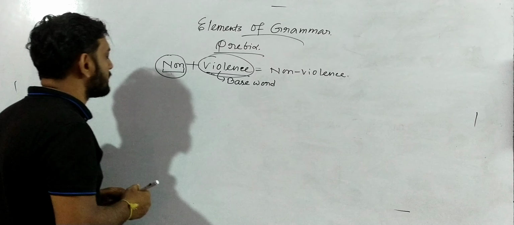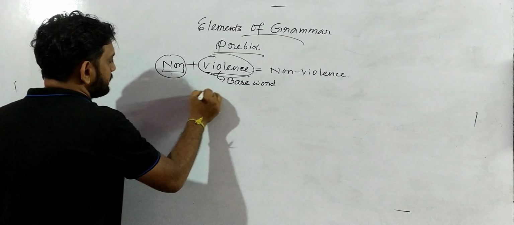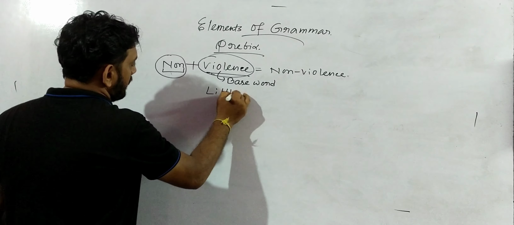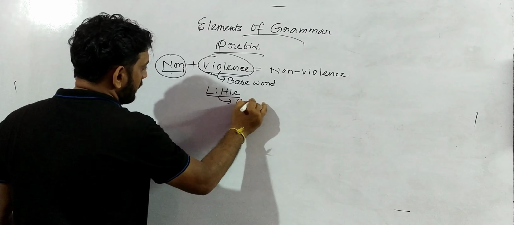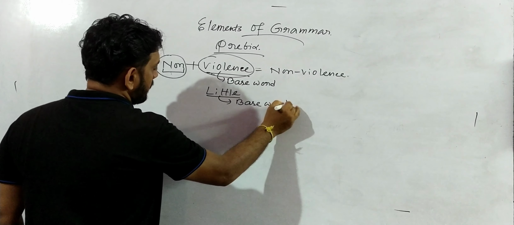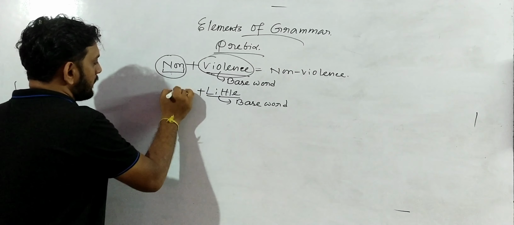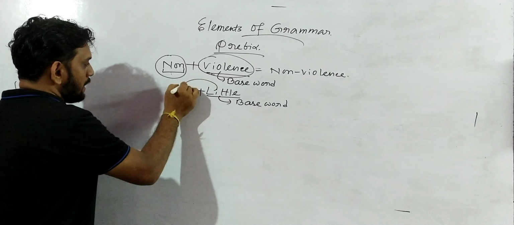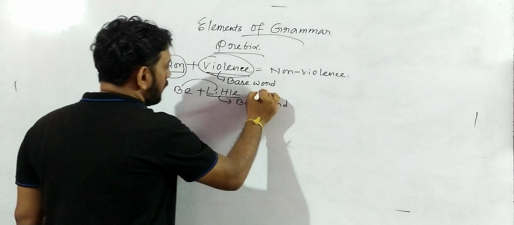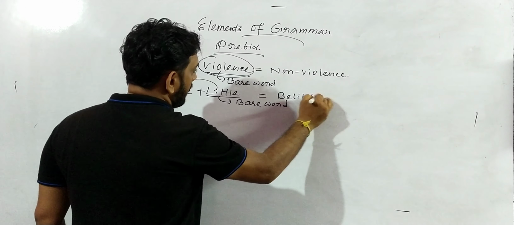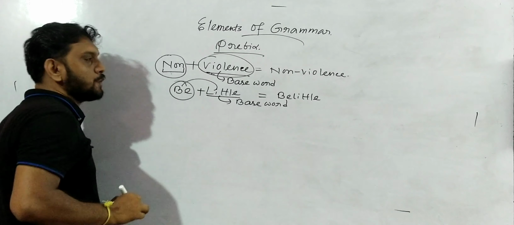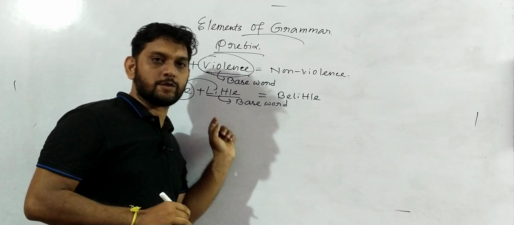Or let me give another example. Suppose little. So it is a base word. When you add be before the base word, it will form another word. It is known as belittle, and this be is known as prefix of this base word.